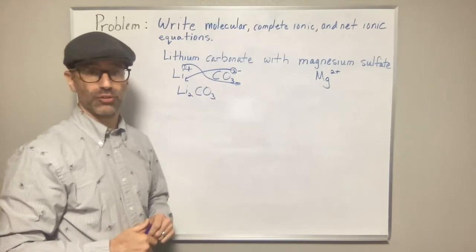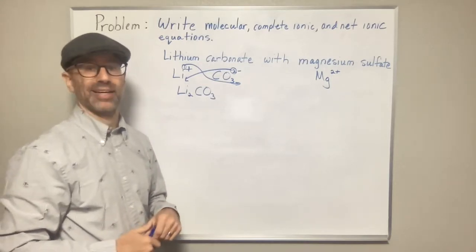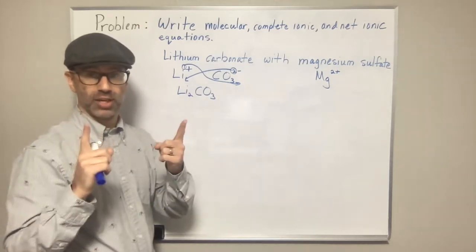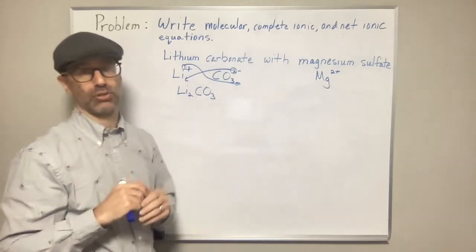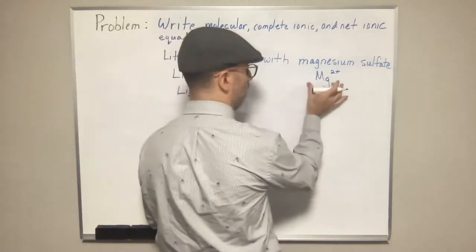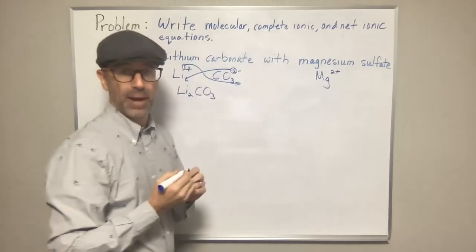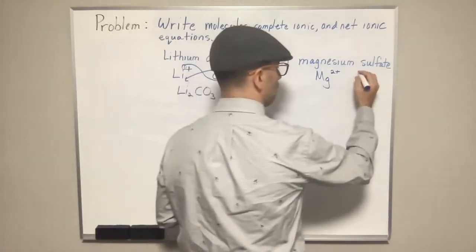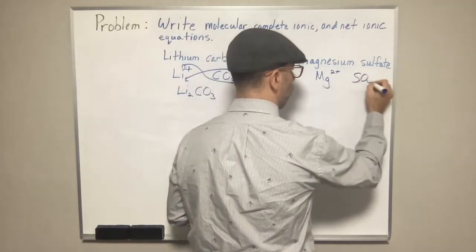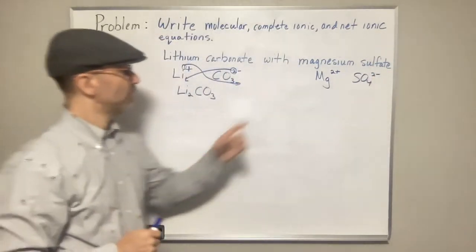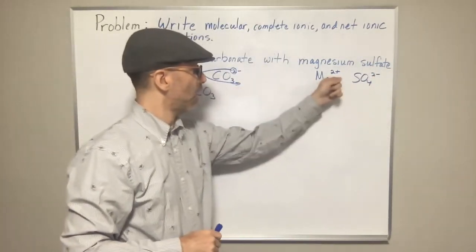By losing those 2 negative electrons, it now has a 2 positive charge because of the unbalancing of the electrons and the protons in the nucleus. So here we have magnesium 2 plus, and then sulfate, again a polyatomic ion, is SO4 2 minus.